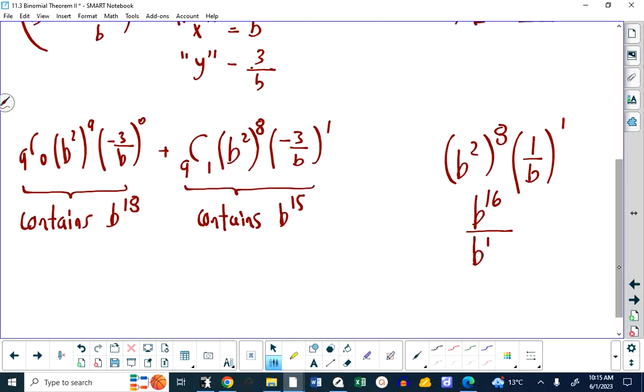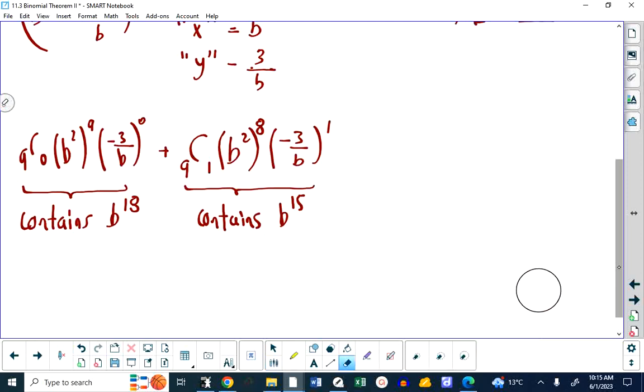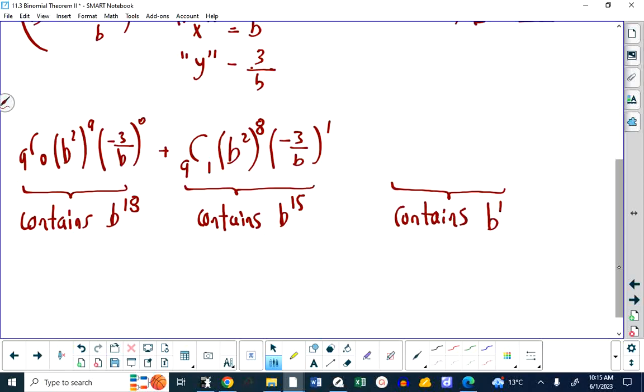But we're gaining an over b, which means we're losing another b. And we can demonstrate that that's going to work, I guess. This should contain b to the 12. We'll just check it out. It's going to be 9 choose 2, b squared to the 7, negative 3 over b squared.